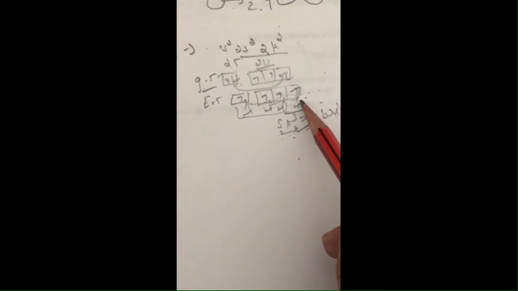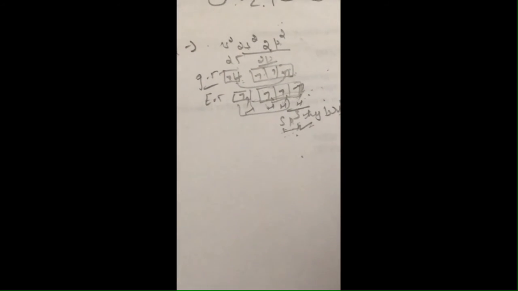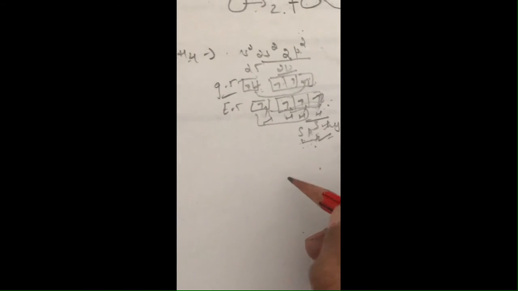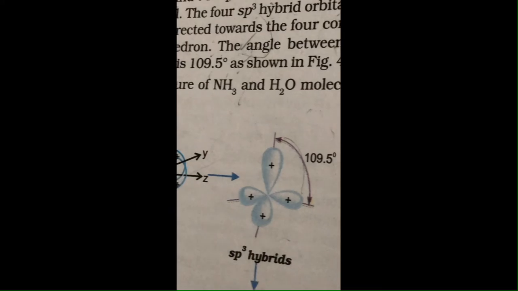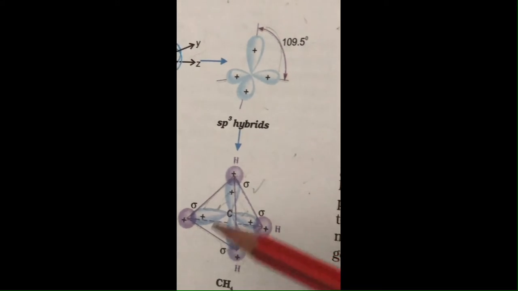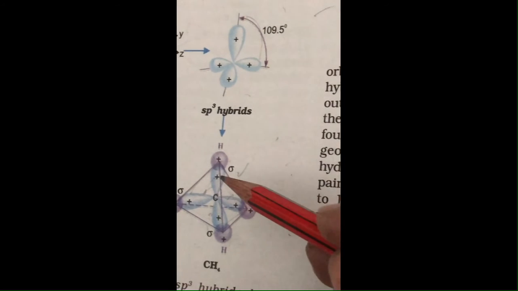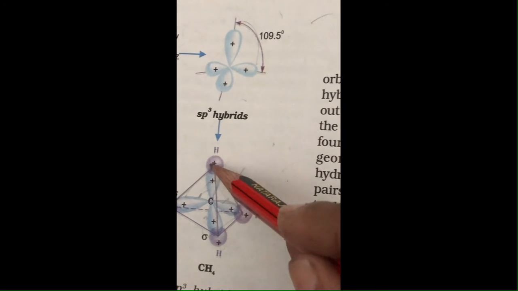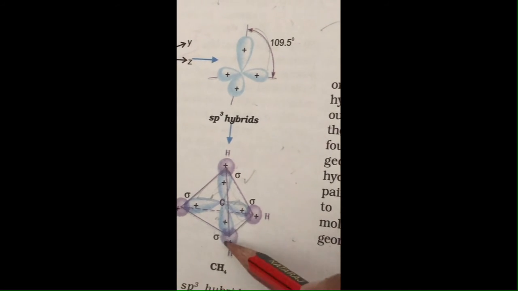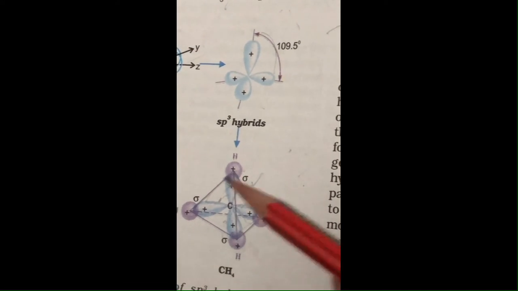3 and 4. Clear? And to have the lesser repulsions, all these 4 orbitals are going to lie at the corners of the tetrahedron. This is the arrangement. This is the first sp3 hybrid orbital, and that is the second sp3 hybrid orbital, third and fourth. Clear?